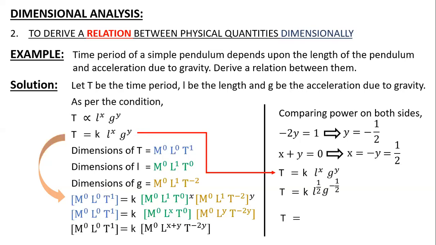So you got T is equal to k times root of L by g. So see, you got a relation between the time period, length and gravity. But that is not the exact formula, because as per the formula, we know the value of k is equal to 2 pi.